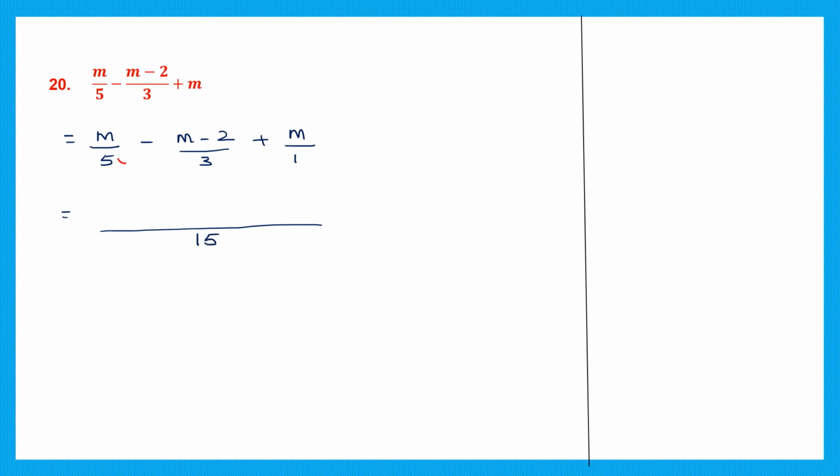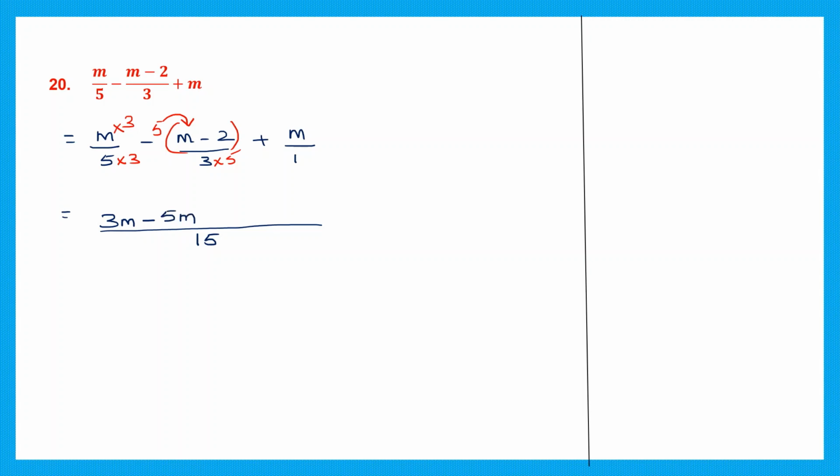Now 5 into 3 is 15, so multiply this also by 3. m into 3 is 3m. Then we have minus, then we have 3 into 5. So let's multiply this also by 5. So minus 5 into m is minus 5m.